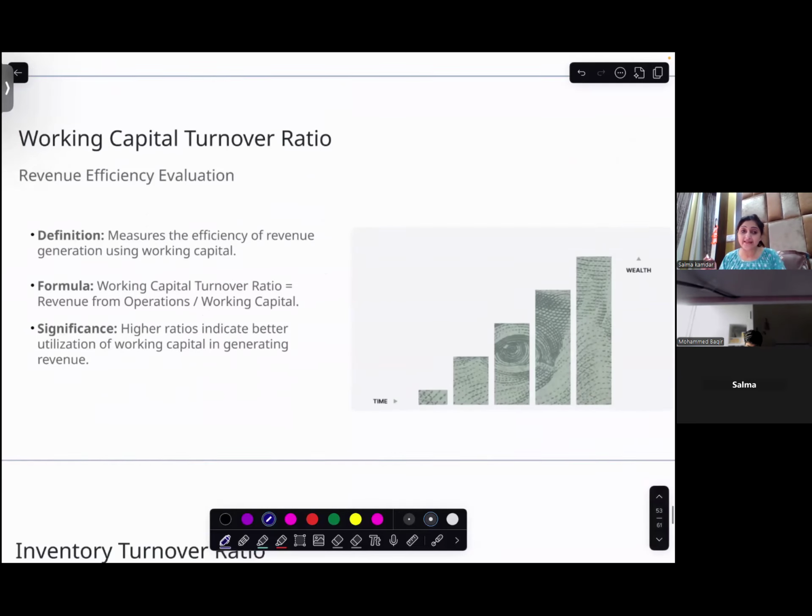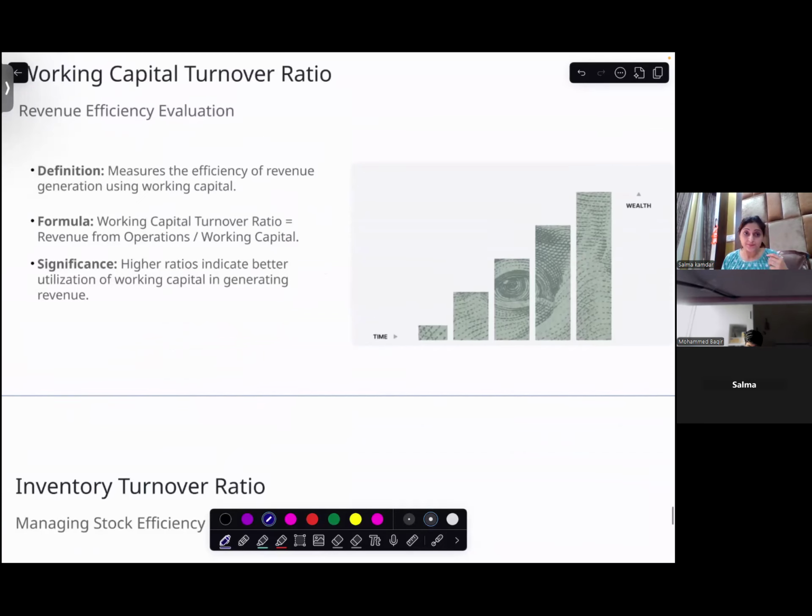Now we talk about working capital turnover ratio. This tells you the efficiency of your revenue generation from your working capital. Using your working capital, how much revenue you are generating. That would be your revenue from operations over the working capital.